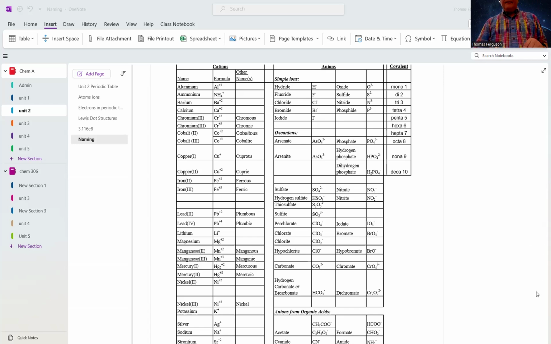All right. Ions, as you remember, are either positive or negative. On the left are the positives, the cations. On the right are the negatives, the anions. And notice on the top right, I've got something called covalent here.